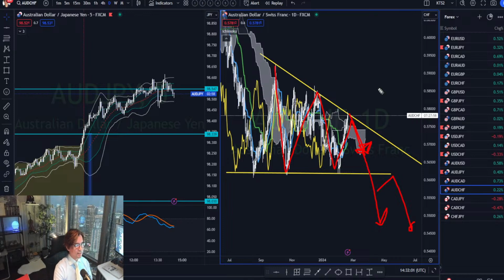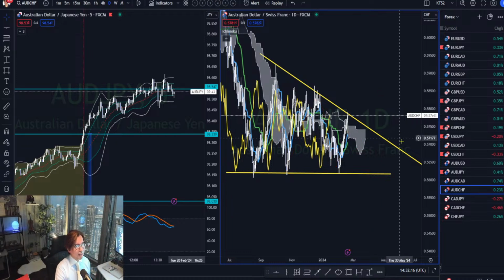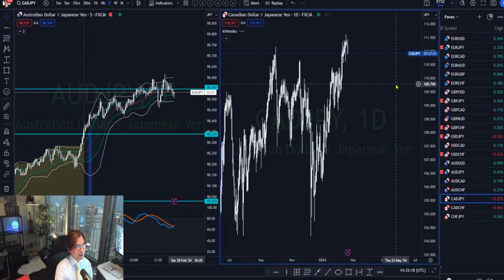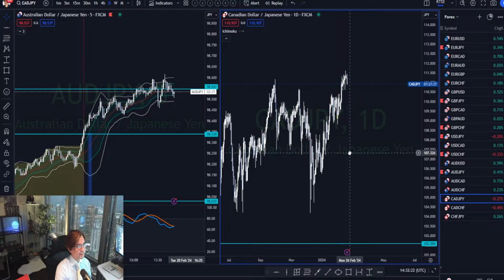So it's always better to see the bigger picture like this, and always get the bird's eye view to analyze the markets. And next one is CADJPY. CADJPY is now, hold on, let me see.